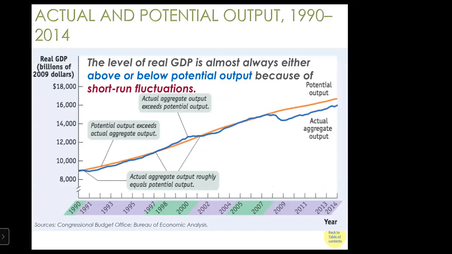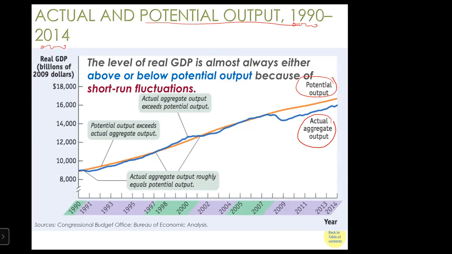Now, let's look at the actual data so that we have a better understanding of potential output. This is for the US economy from 1990 to 2014. This blue line is our actual aggregate output, and this brown line is the potential output. The difference is the gap.